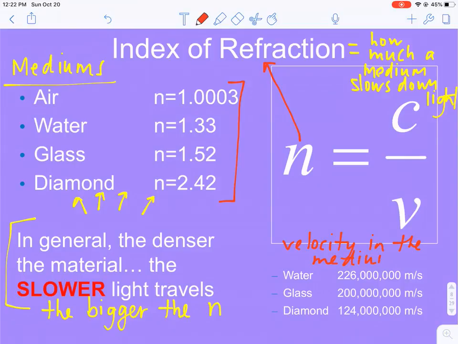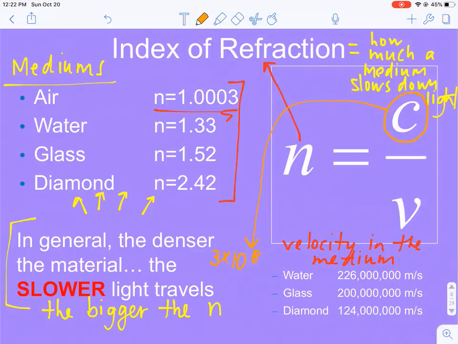And what are we comparing this to? Because you might have said air. Why isn't air just one, the same? Well, we're comparing it to the speed of light in a vacuum, which is c. That's that speed limit of the universe, which is 3 times 10 to the 8th. It's a constant, and it's always what it is. Light cannot go faster.